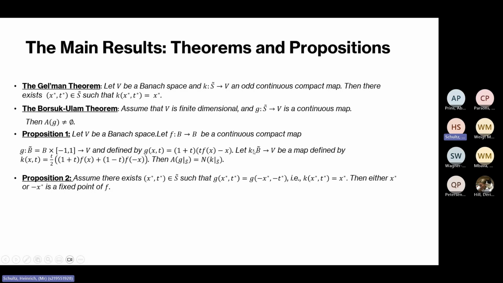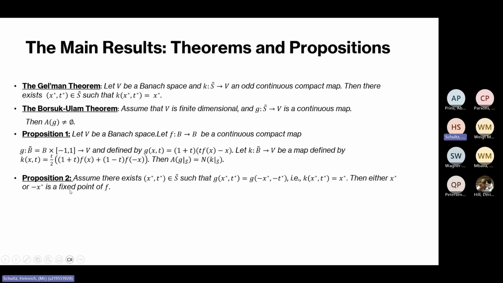We also let K map B tilde to V be a map defined by this function K of (x, t). Then with all of these conditions in place, the set of antipodes AG across S tilde is equal to the set NK across S tilde, the set of fixed points of K.